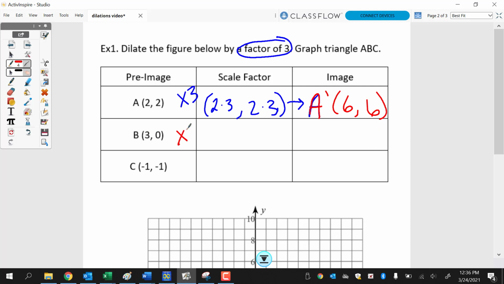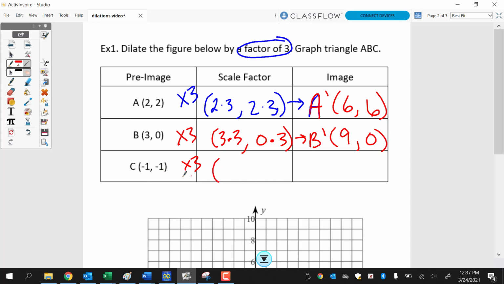So we're doing all of these times 3. For point B, we're doing the first number, 3 times my factor 3, and then the second number, 0 times my factor 3. So 3 times 3, if you don't know, type it in, is 9. 0 times 3 is 0.